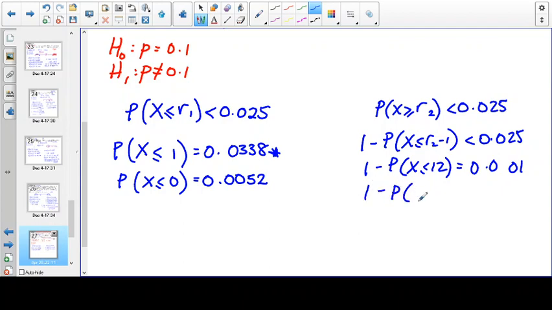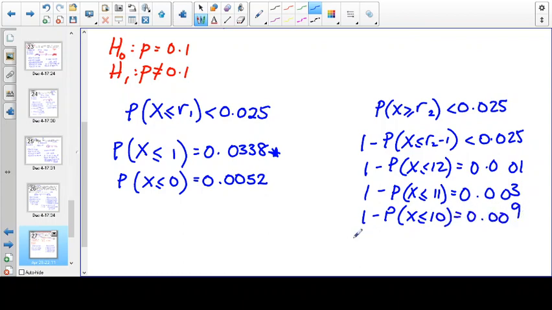I'm going to go smaller. Let's change to 11. 11 is 0.003. 10 is 0.009. It's moving very slowly.